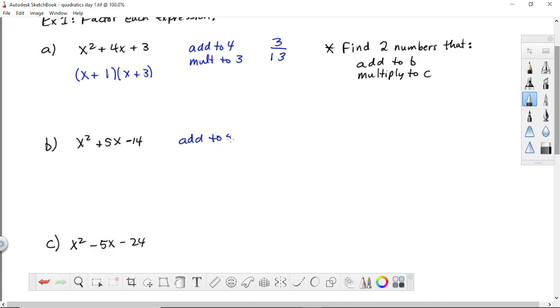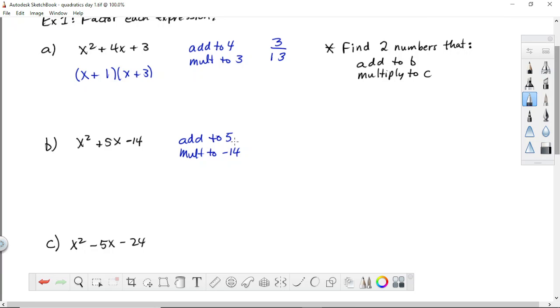So add to 5 and multiply to negative 14, which is c, okay, in this quadratic.